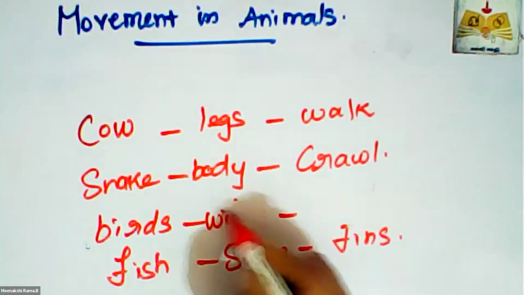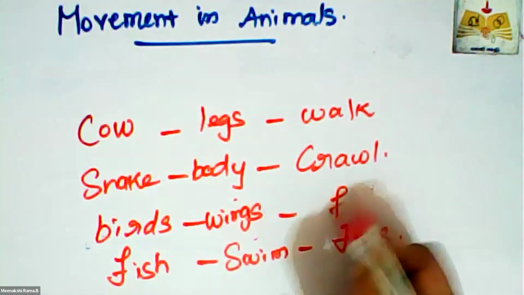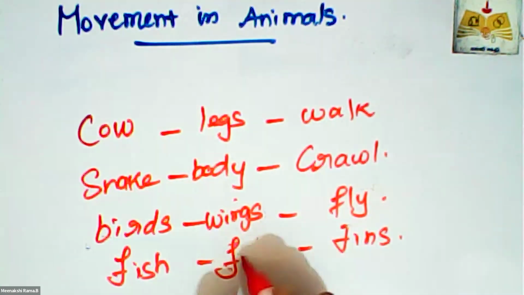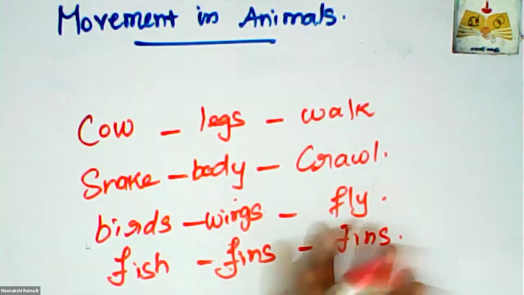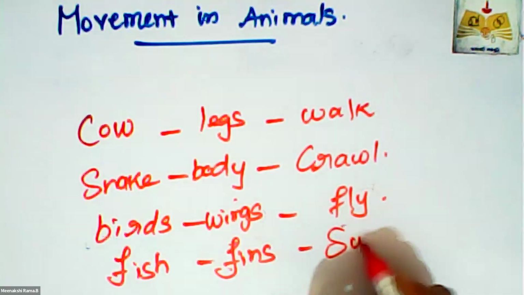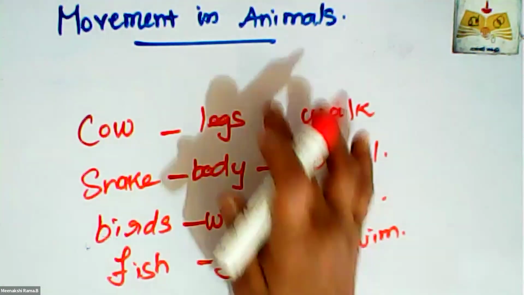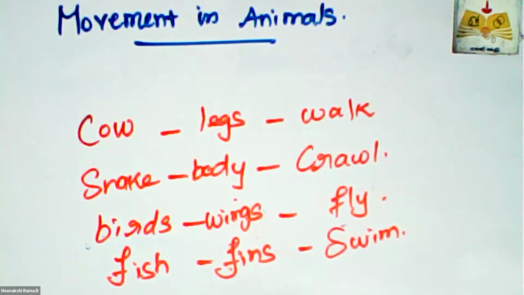And then fishes move with the help of their fins. That is called swimming. So these are all the actions, and these parts are used to move. These are only a few ways in which animals move from one place to another.